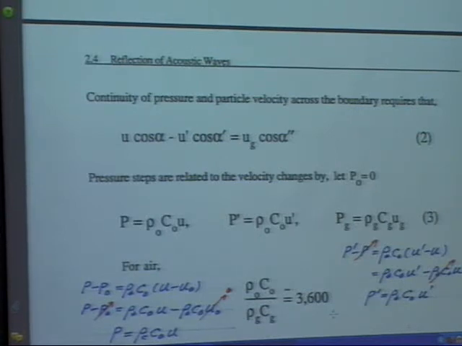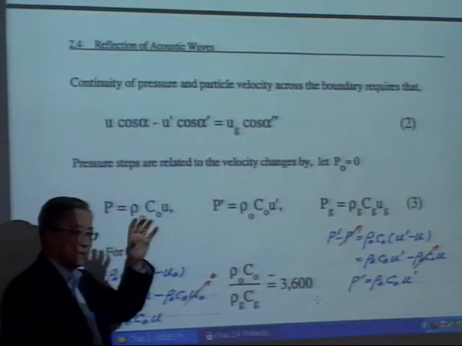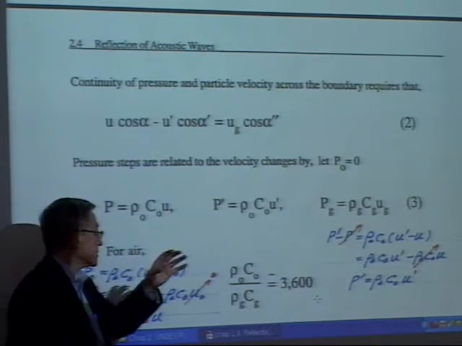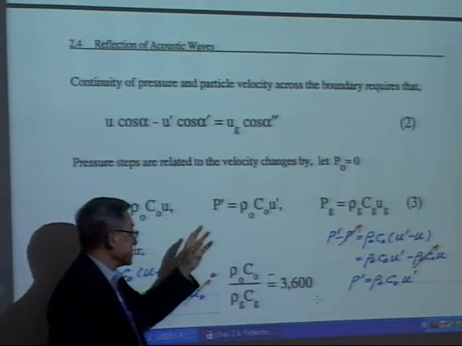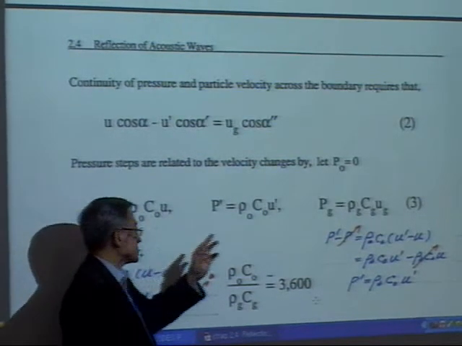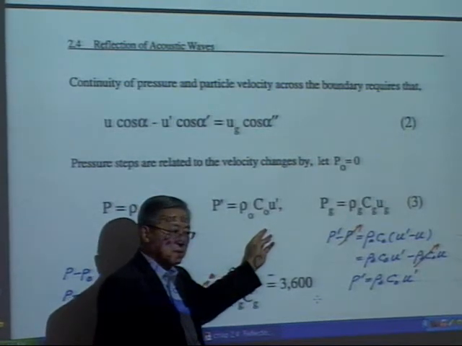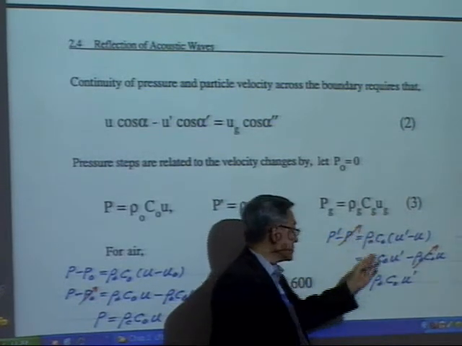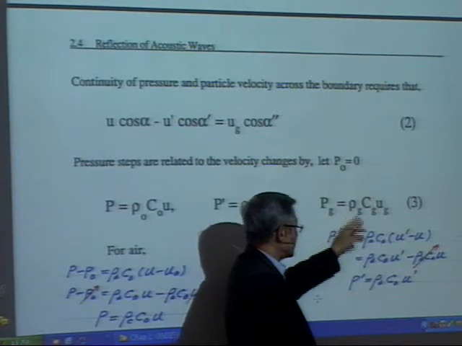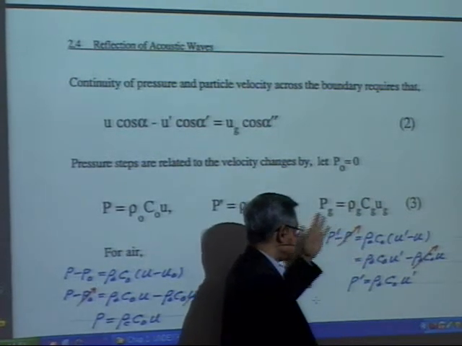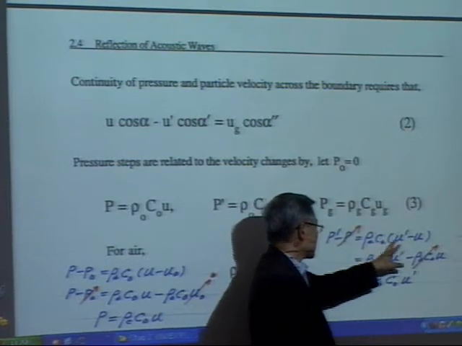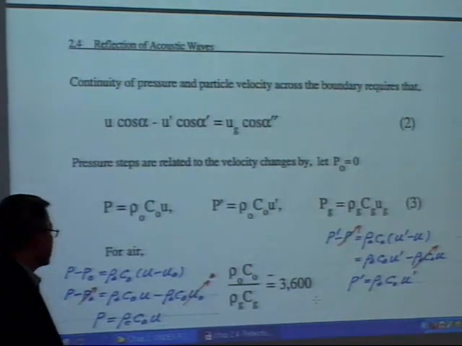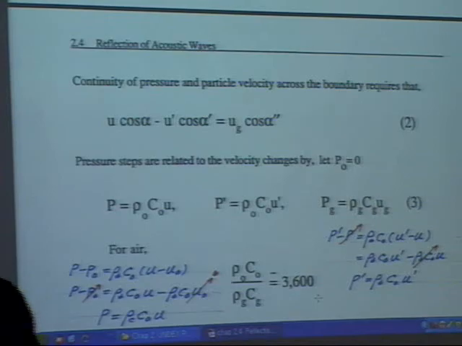P is equal to rho C U. This is from what wave? Incident wave, front and back, right? You can say dynamic pressure or gauge pressure. This is from what wave? Reflected wave. This is from the transmitted wave. And from 3, you can just expand the details here. This is the same as that, but it's really no difference. This ratio is about 3600.